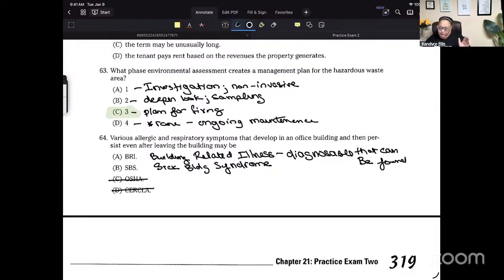So he said BRI is building related illness. So it's diagnosable and you know exactly what you're allergic to. And SBS is sick building syndrome, where it's questionable and it stops when you leave.